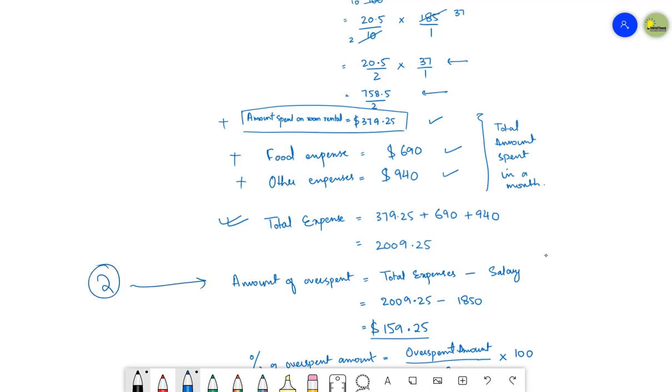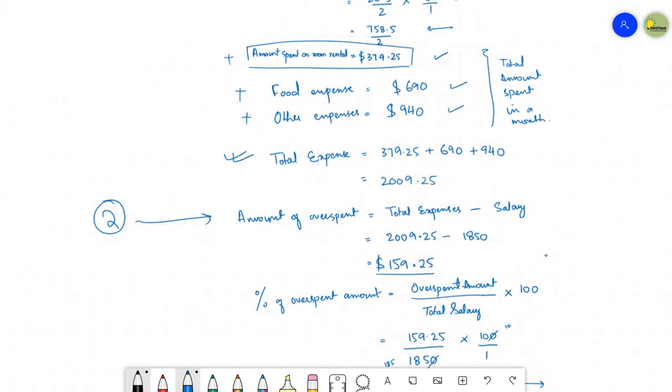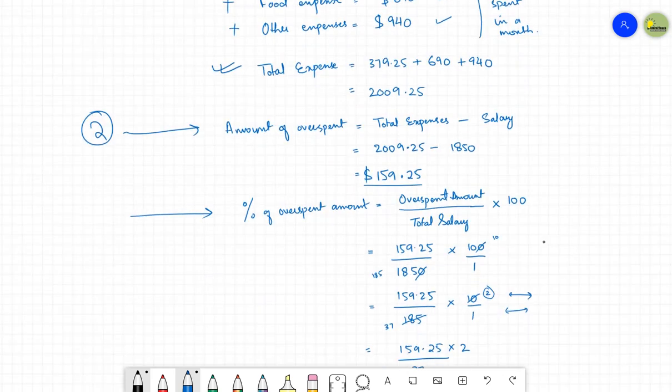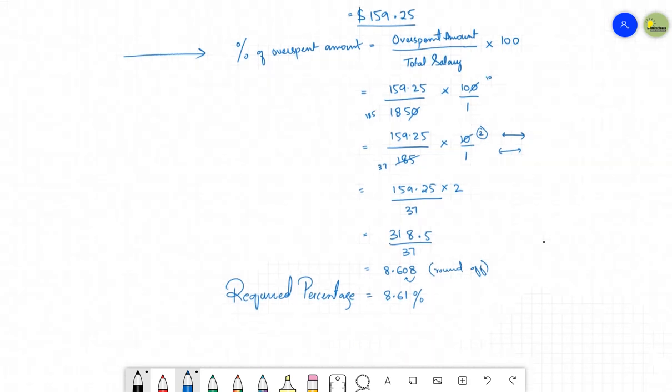In step number 2, you find the amount of overspend by using the formula total expenses minus salary. Since the question requires the percentage of overspent amount in terms of his salary, this is the formula: overspent money divided by total salary multiplied by 100. So in this way you are going to solve this question.